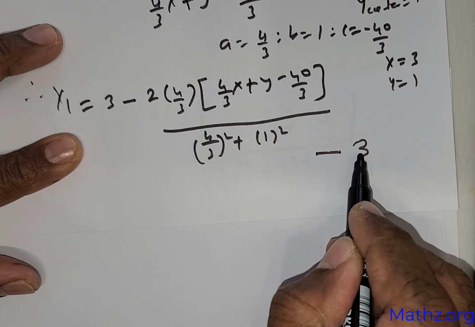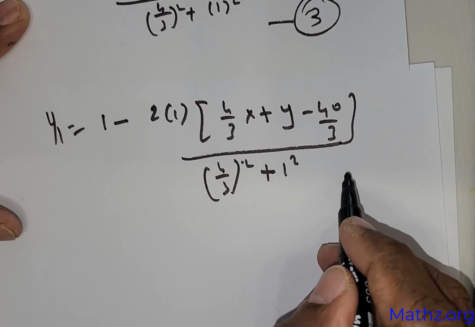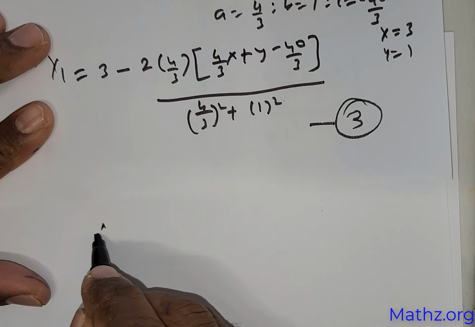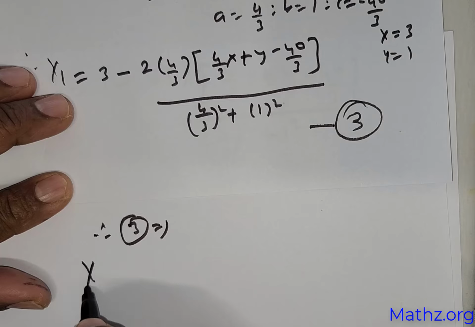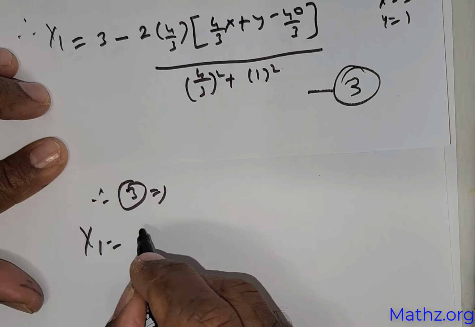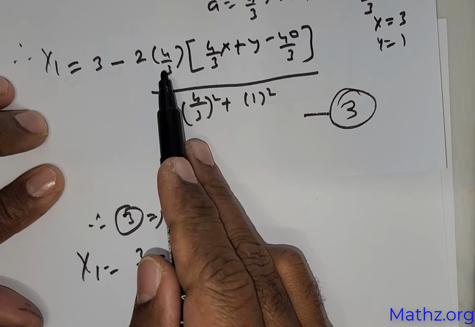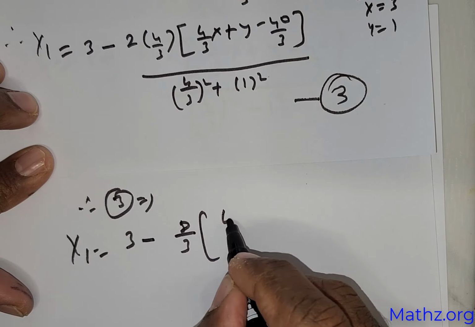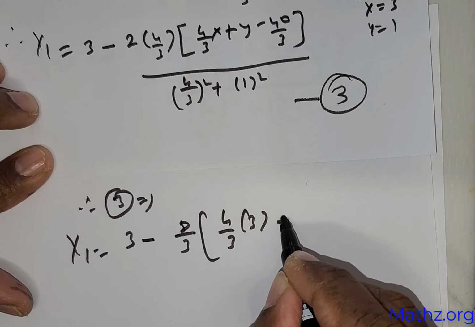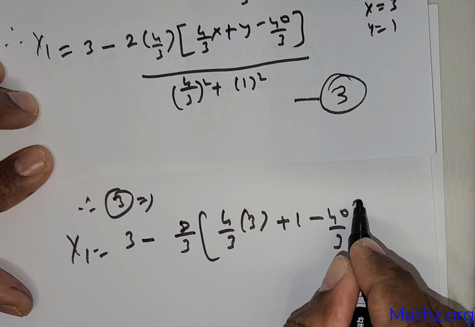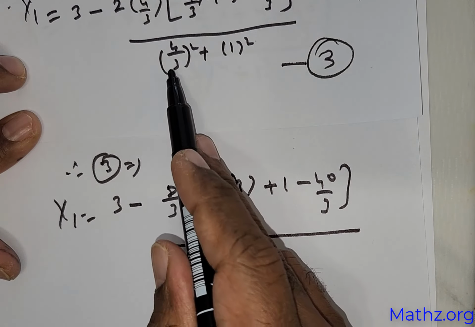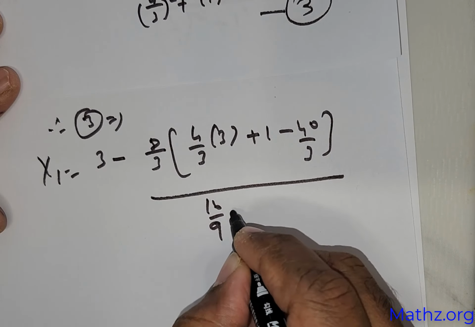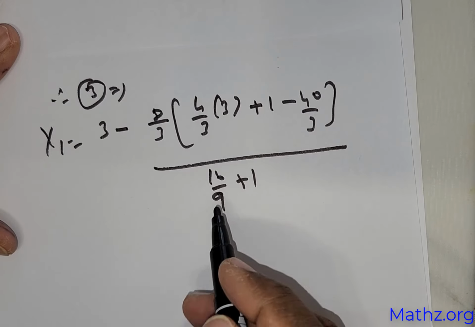The new center is 3 minus 2 times 4, which is 8/3, times (4/3 of 3 + 1 - 40/3) divided by 16/9 + 1.